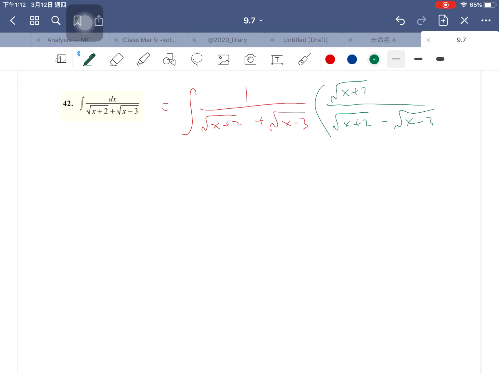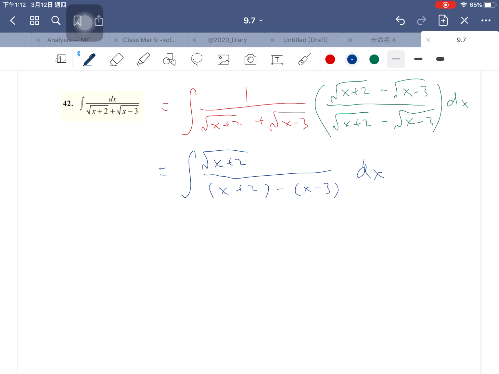Root x plus 2 minus root x minus 3 dx. Okay, and then what we get is the integral with denominator x plus 2 minus x minus 3 dx, and here is root x plus 2 minus root x minus 3.